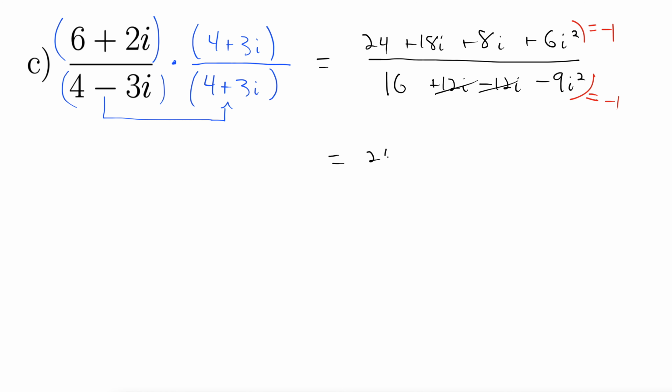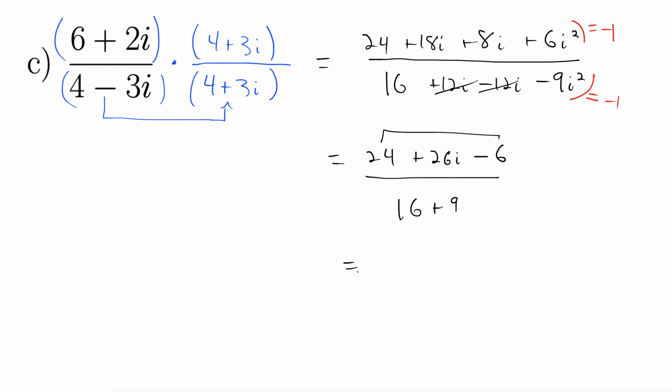Okay, so let's clean this up a little more. We have 24. Well, 18 plus 8 is 26, so 26i. Now this plus 6i squared becomes minus 6. And then down below we have 16 minus 9 times -1 makes it plus 9. So now we can make it look even better.